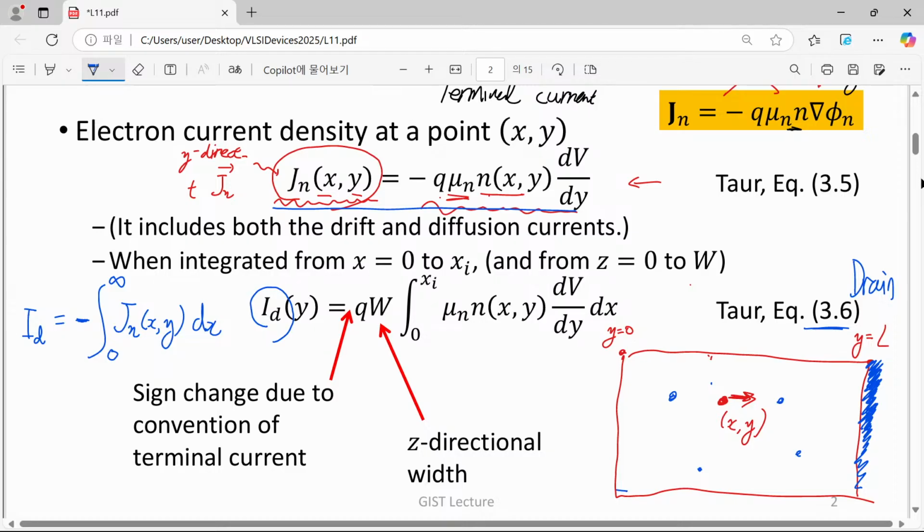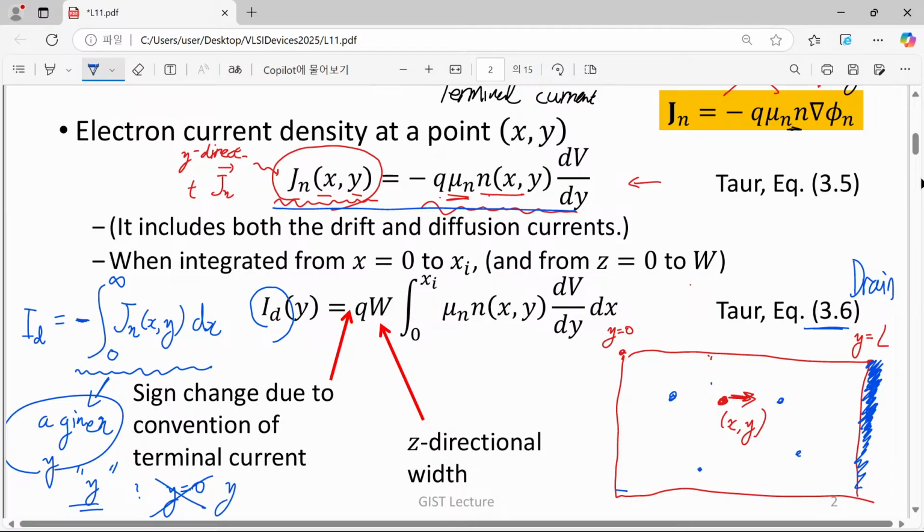Please have a look at this expression. What does it mean? It means that at a given y position, a vertical integration is done, and is there any condition for a specific value of y? So y equal to 0 is not allowed.